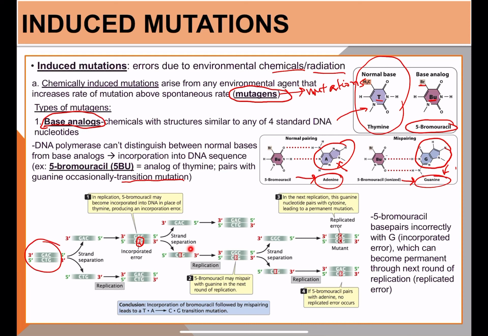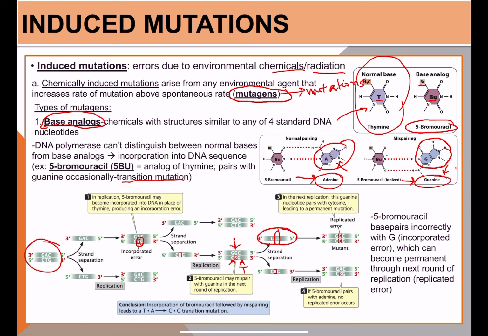And let's say it occasionally pairs with guanine, and that's what happened here. So here's that guanine that was mispaired with 5-bromouracil. Had this been a T, then an A would be incorporated. But now because this is changed to 5-bromouracil, that's why you have that occasional G pairing. So when these two strands separate, now you have a G within the DNA sequence.